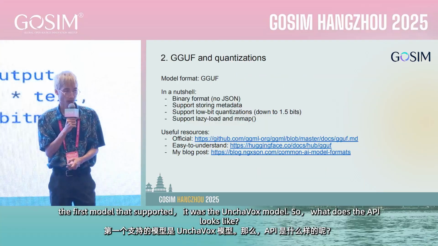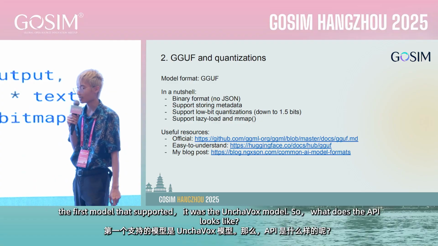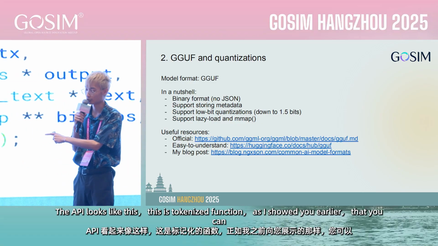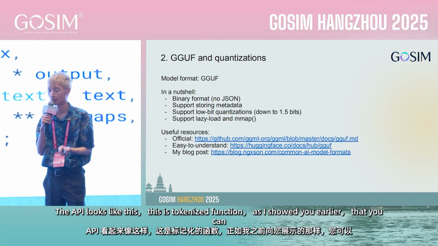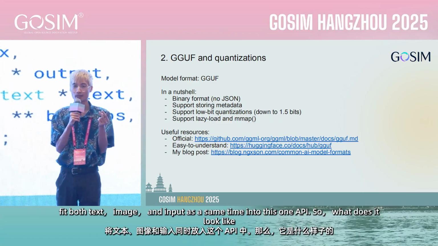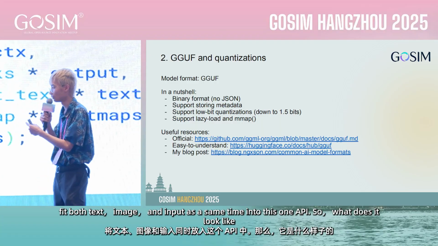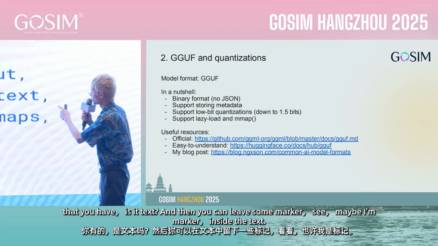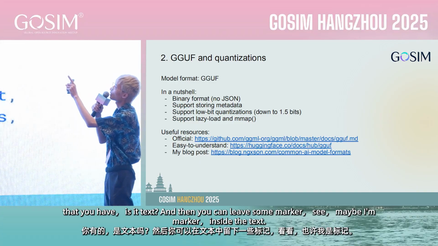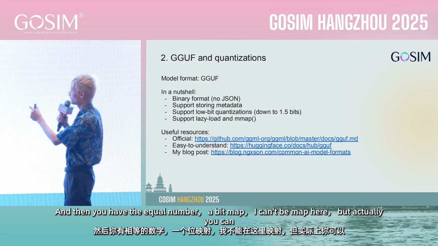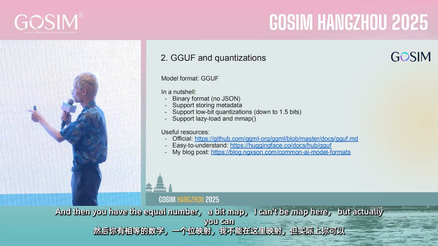So what does the API look like? The API looks like this. This is the tokenize function, as I showed you earlier, that you can feed text, image, and audio input into at the same time, in this one API. So you have the text, and then you can leave some media markers inside the text, and then you have an equal number of bitmaps.